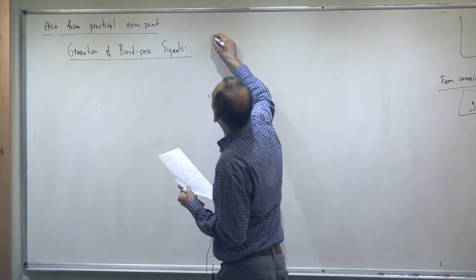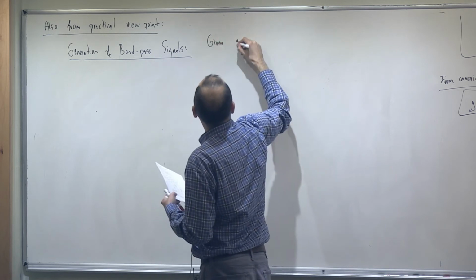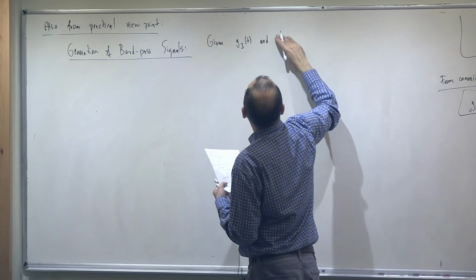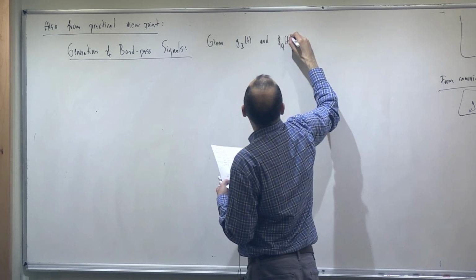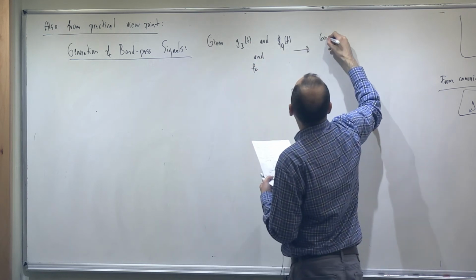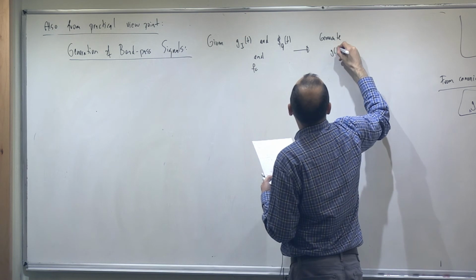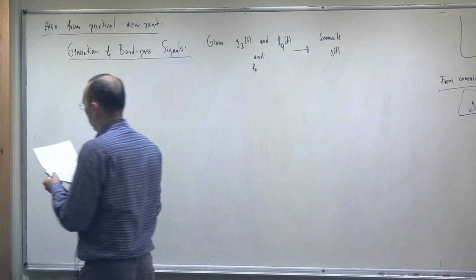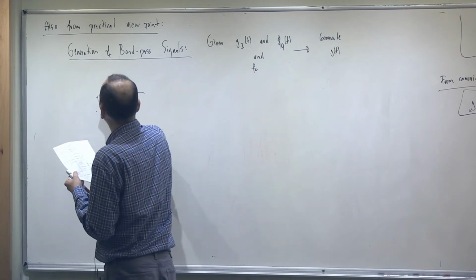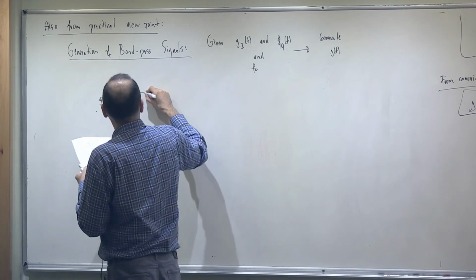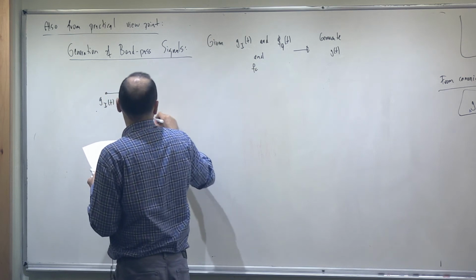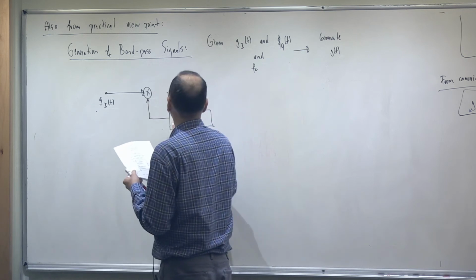So what is this topic? Given the in-phase component somehow and gq and fc, generate g of t. Well, how can I do this in practice? Now this will be in phase. I'll explain this.